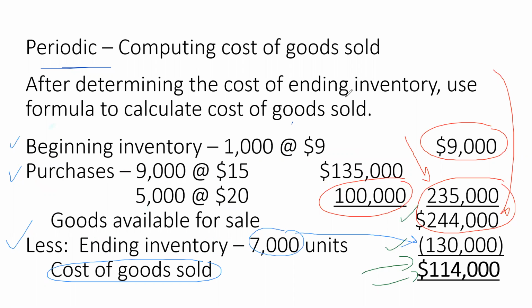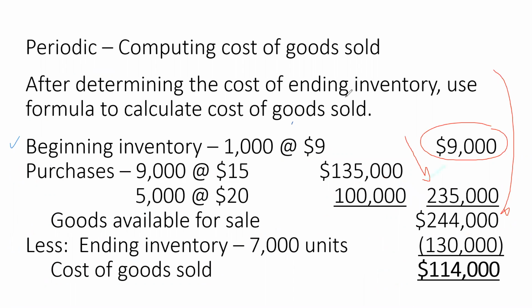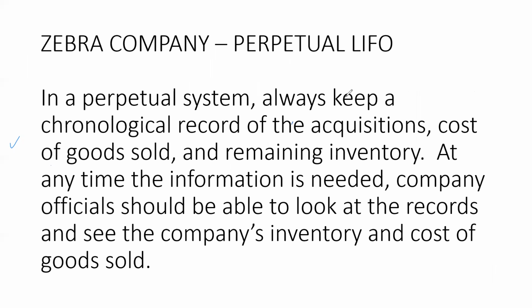Now, let's do that again. The whole problem, let's just do it again, but this time we're going to do it using Perpetual LIFO. So we come over here. We know that this is Zebra Company, but they're using Perpetual LIFO.